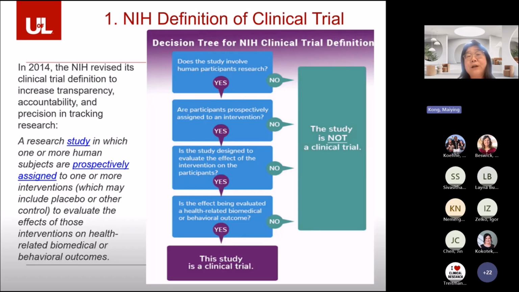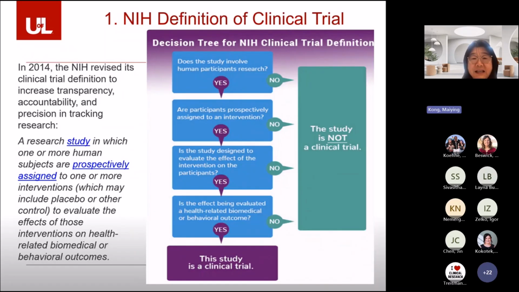So for the decision tree on whether a human subject research study is a clinical trial or not, we can go through 4 questions. If you say yes to all 4 questions, this study is a clinical trial. First, does the study involve human participants?